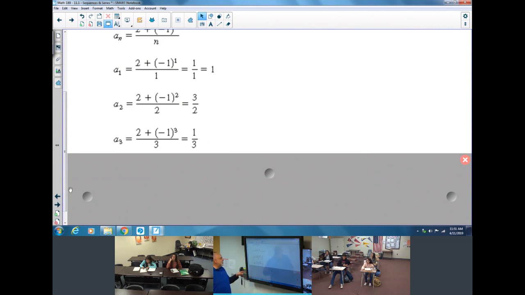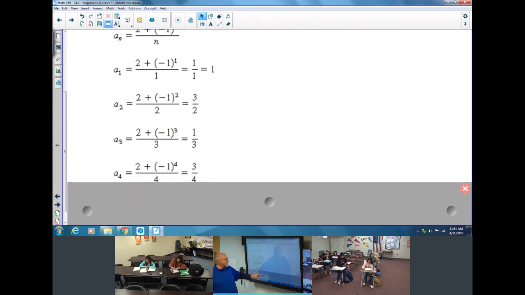Yeah, see what's happening here is it's just the numerator that's alternating. So the numerator is alternating between 1 and 3, but the denominator is just counting up. So we could just look at the pattern and say the next numerator is going to be 3, and then the next denominator is going to be 4. Do you see that? So even without plugging in, I can see the pattern.